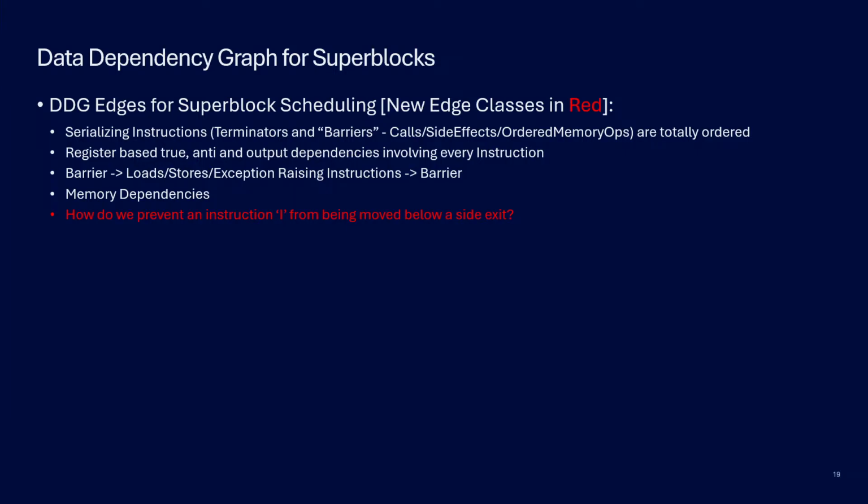Yes, Jayshree. If we create an edge like this, then we are sure that B won't be scheduled before A. So this is how we enforce these conditions for legality. We just create additional edges.